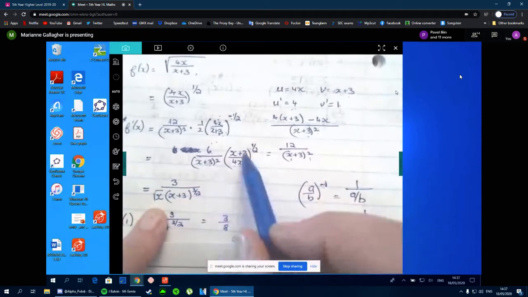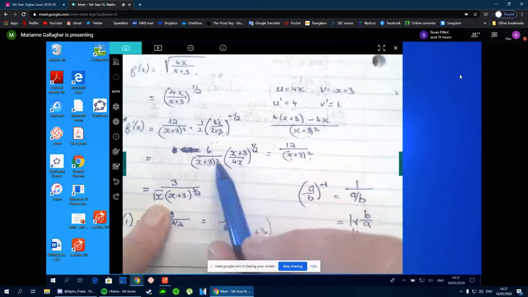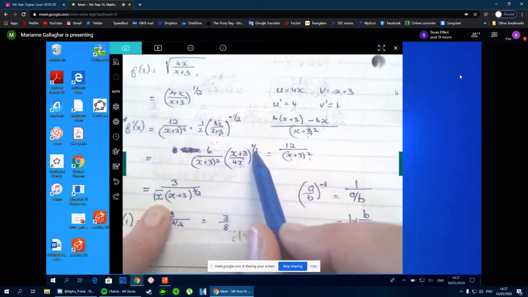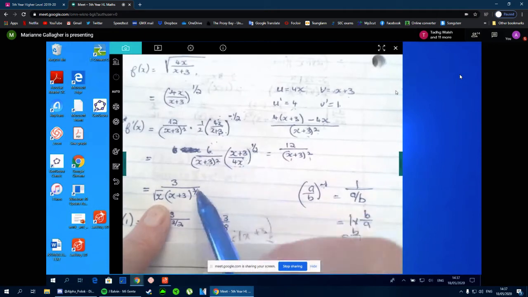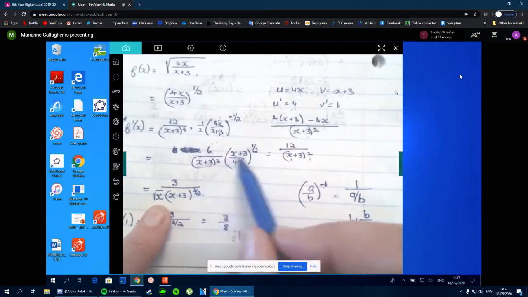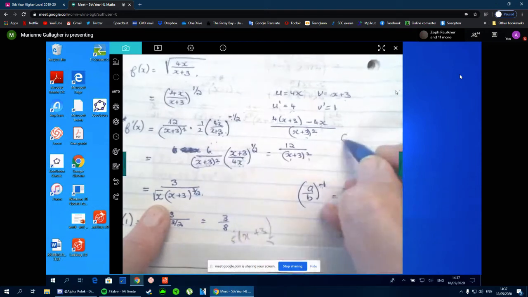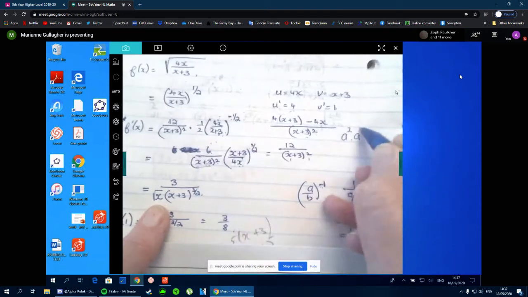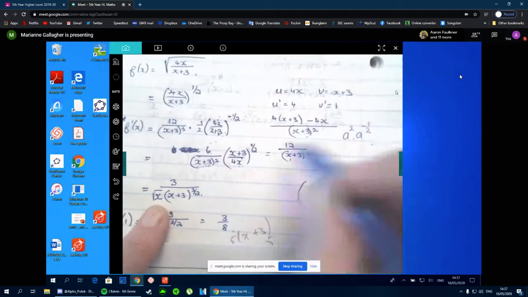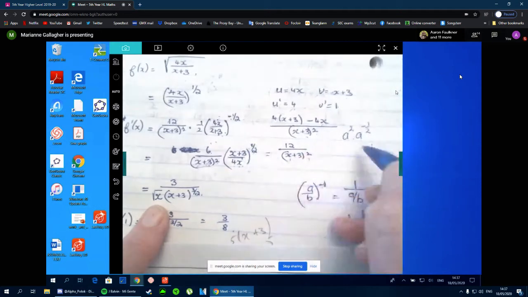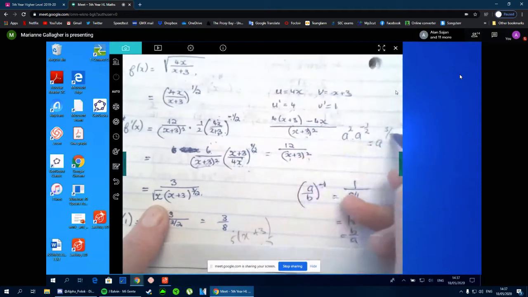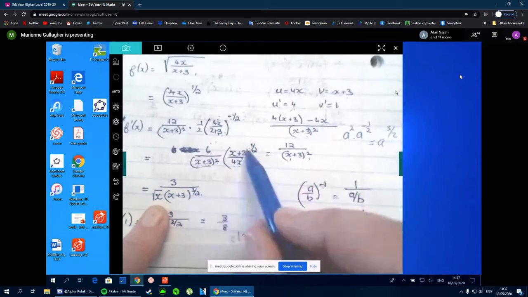And then we have x plus 3 squared here and minus 1/2 here. So 2 minus 1/2 is 3 over 2. Okay, see this and this. If you have a to the power of 2 times a to the power of minus 1/2, then that's a to the power of 3 over 2. Okay, so that partly cancels the 2.